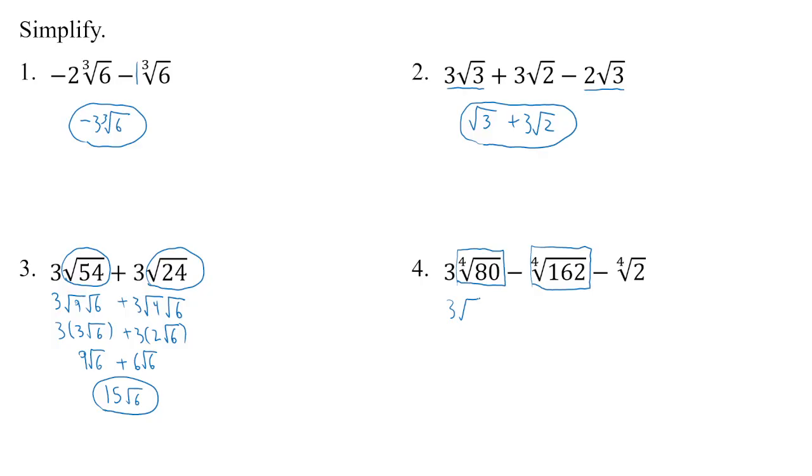The 4th root of 80 can be split up as the 4th root of 16 times the 4th root of 5. The 4th root of 162 can be split up as the 4th root of 81 times the 4th root of 2. And we cannot simplify the 4th root of 2.